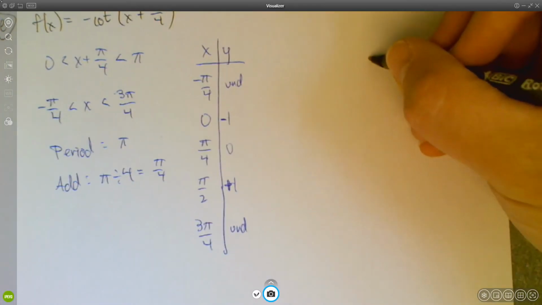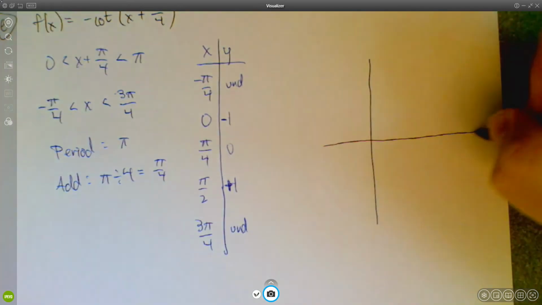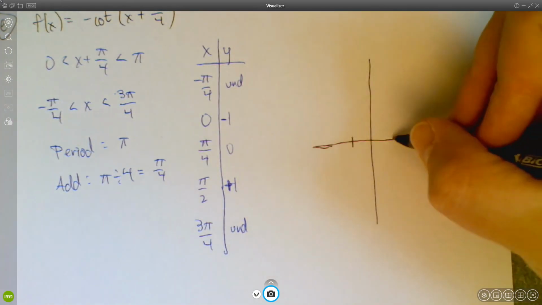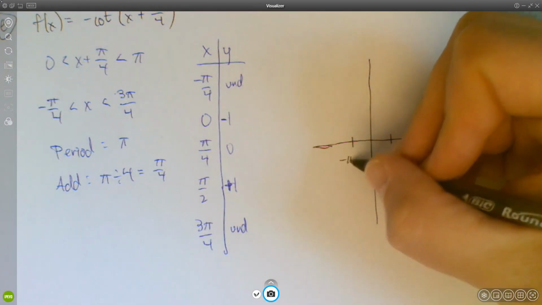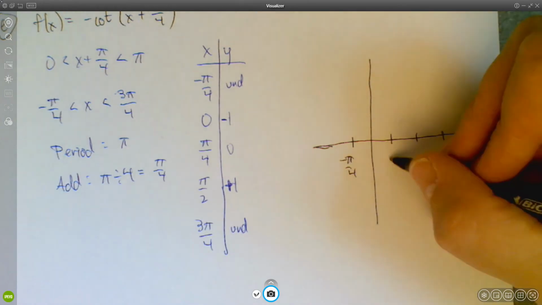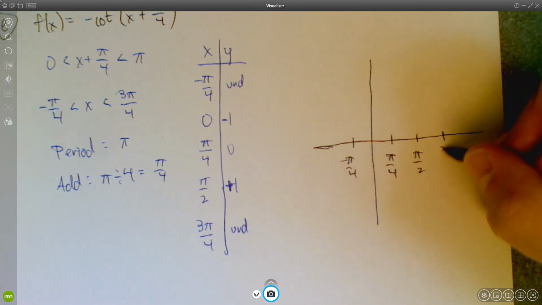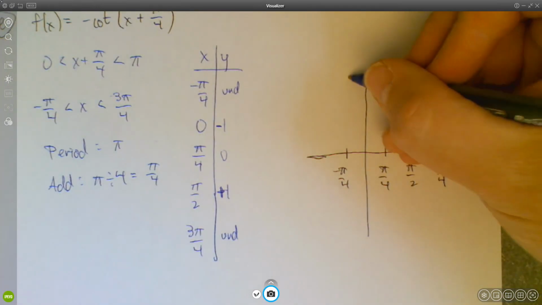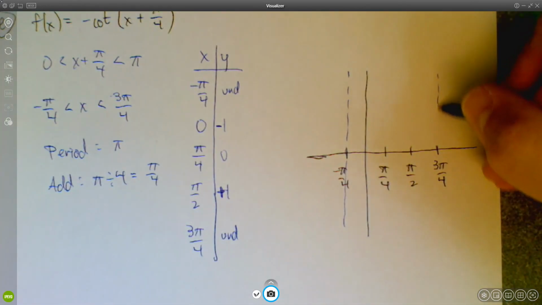Let's go ahead and plot the points. Okay, asymptote there and there.